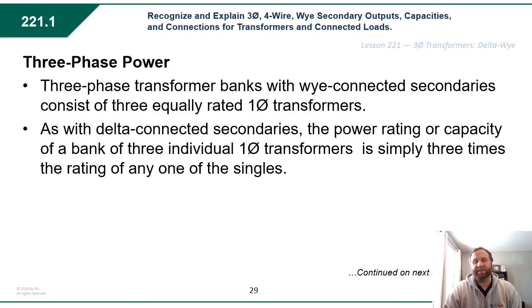Now, one thing that I did not go over in delta, and I could actually back up here a little bit, well, I can't with my notes: with a delta, they don't always have to be equally rated. Oftentimes, there's what's called a lighting transformer, and then two power transformers.